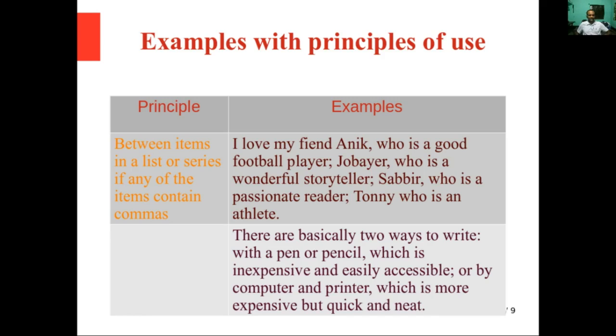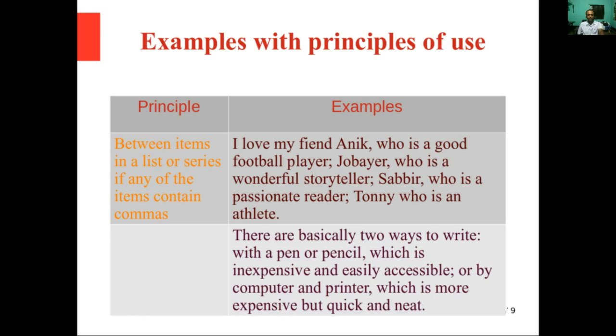In this sentence, if you focus a little, you will see that the sentence gives a list of some friends: Anik, Zubair, Sabir, and Tony. And all these four items in the list are separated with some commas, with 4 commas. Now, to separate the items, we have to use semicolons.